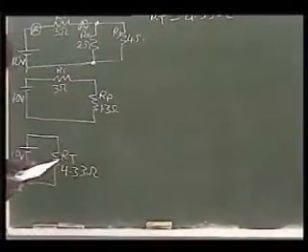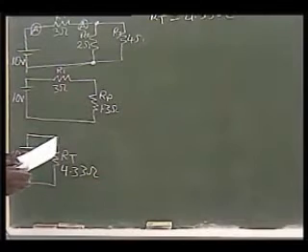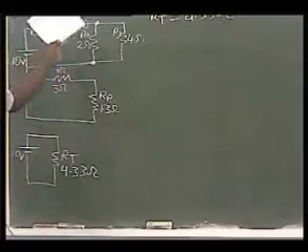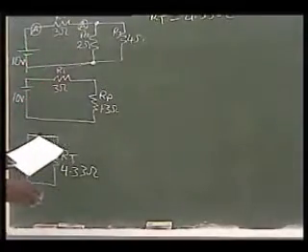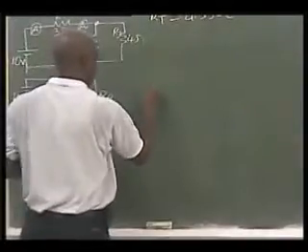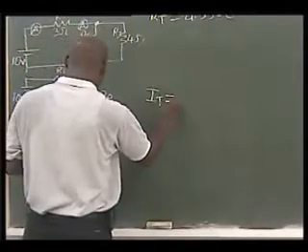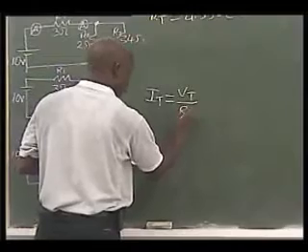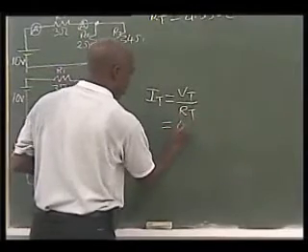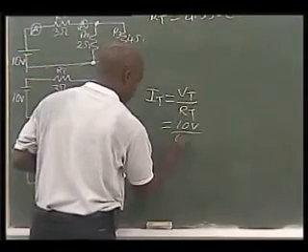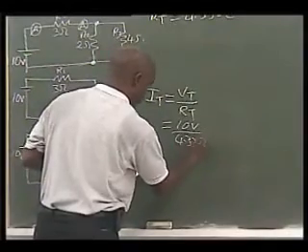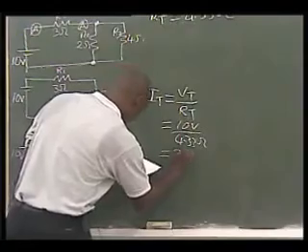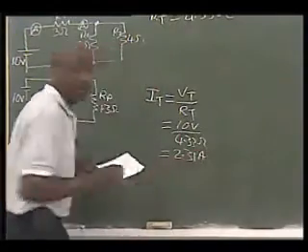Now, what other things could I find with this circuit? How much is the total current that flows through the whole circuit? Well, it's simply going to be IT is equal to VT over RT. That's going to be 10 volts over 4.33 ohms, which gives us a total of 2.31 amps.